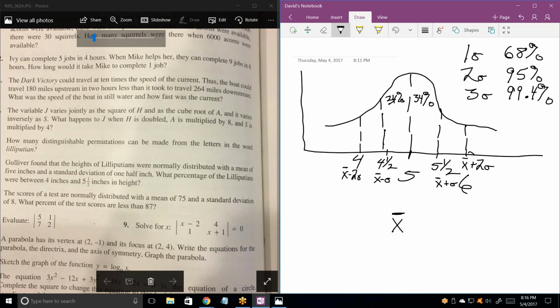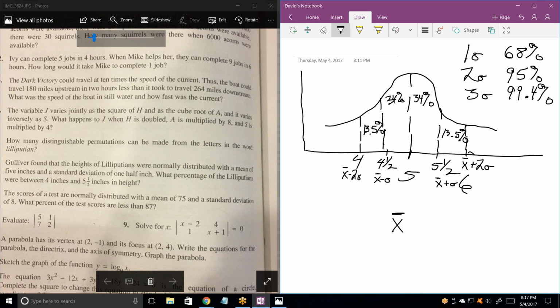So I've got 13.5 that goes there, and 13.5 that goes in that zone. Notice that if you add up those 4 numbers, you'll get 95%. And that would fit. 95% of the data is going to be within 2 standard deviations of the mean.